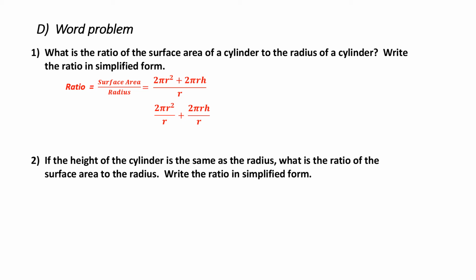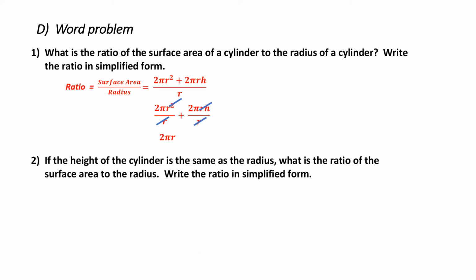Now, we notice that we have r's in both the numerator and the denominator, which means we can cancel them out. We have 2 r's in the numerator and 1 r in the denominator. So r divided by r is 1, leaving us with 2 pi r in the numerator. Next, 2 pi rh divided by r. Notice we've got an r in the denominator and an r in the numerator.